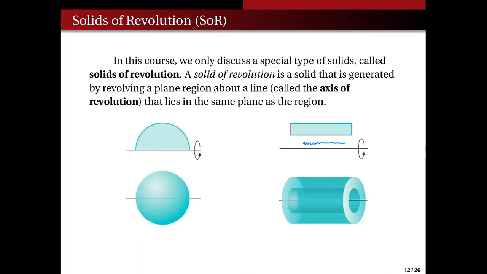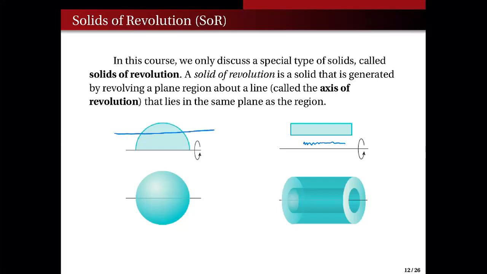So either your axis of revolution contains a side of your region, or a single point of your region, or does not contain any part of your region at all. Now, some students were asking, can I have an axis of revolution something similar to this?